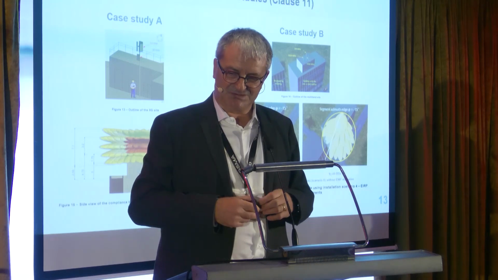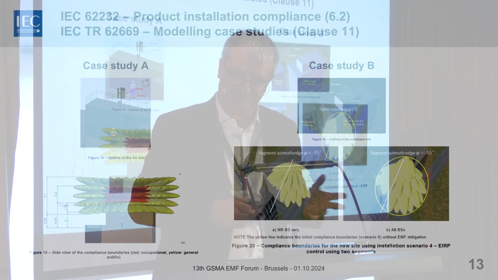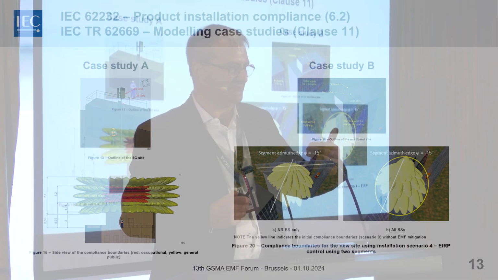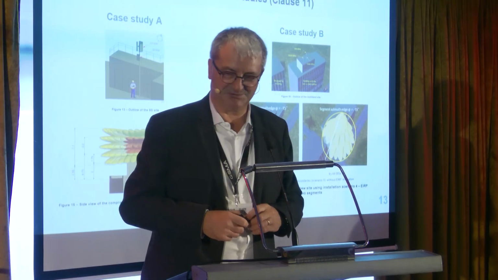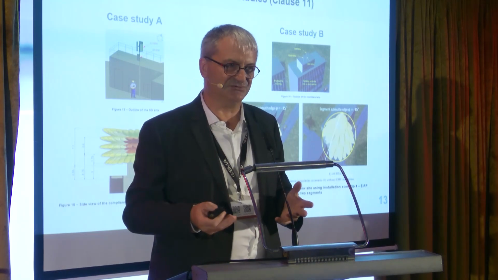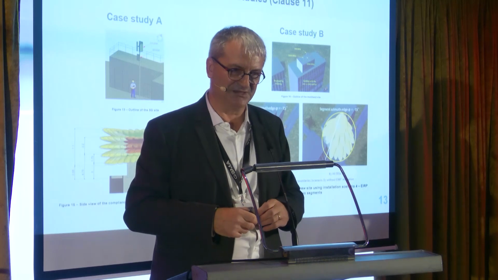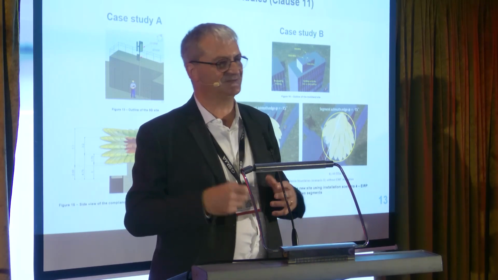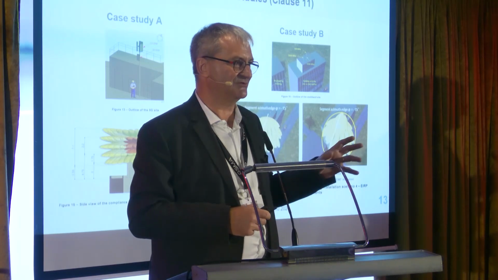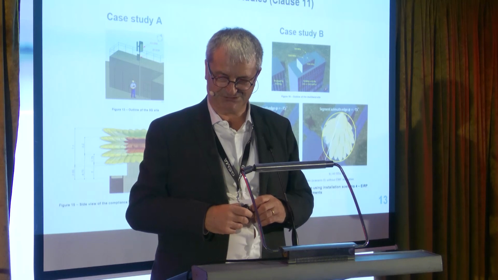So you see on the left the various beams representing the compliance boundary, which are controlled in the direction towards the nearby building. This is done to ensure compliance with EMF limits, but they are not controlled in the directions inside the street where there is no need for control because there is nobody exposed. These are situations that are now possible thanks to the 62232 version that is currently published.